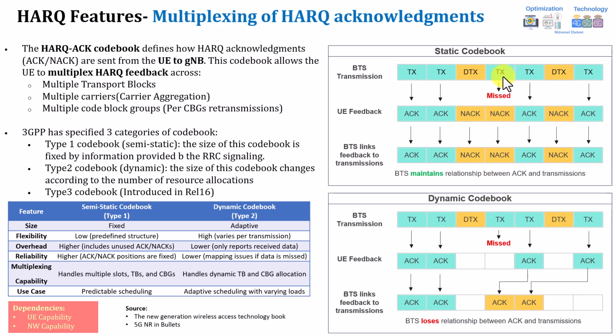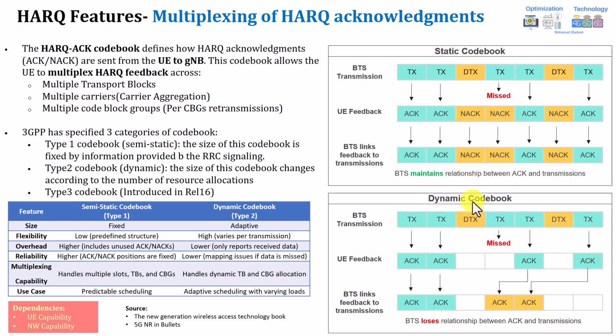And here, for example, this transmission was missed, so non-acknowledgement is sent. Again, the BTS can link the feedback because the user is sending ACK or NACK for each and every single transmission, or even discontinuous transmission. In case this one was not sent as non-acknowledgement, the BTS might get confused because it will not know which transmission the next feedback is for.